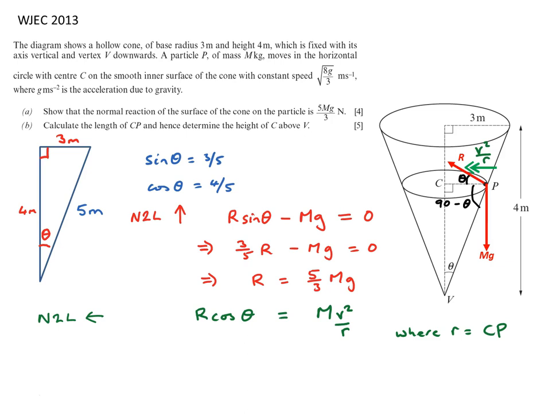We know that R is 5/3 mg, so we've got 5/3 mg times cos theta, which is 4/5, must equal m times the speed of the particle squared, which is 8g/3, divided by little r.